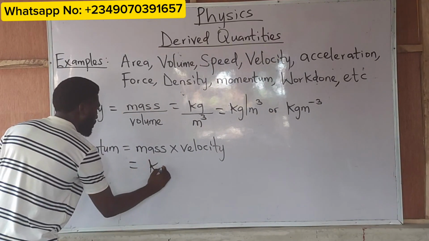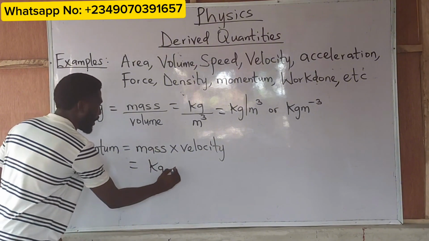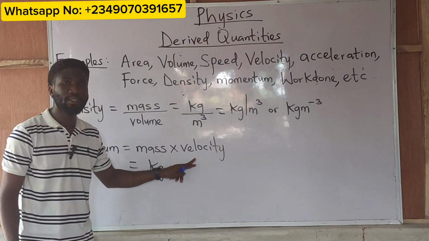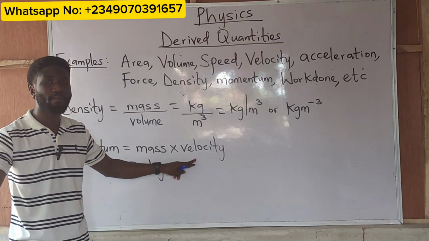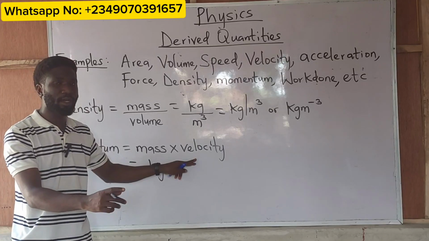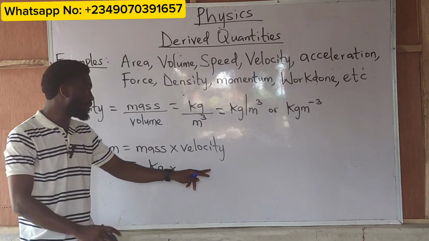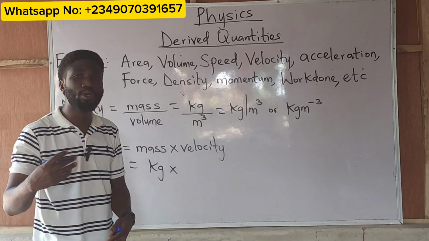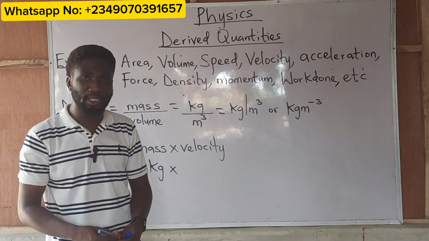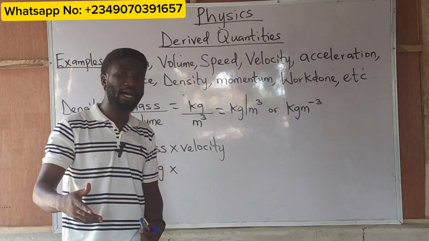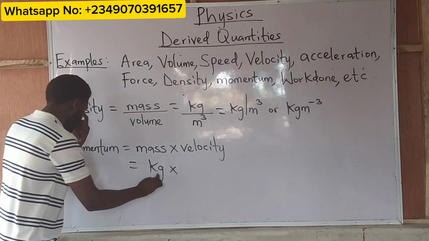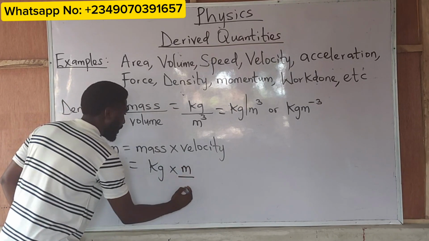Kilogram multiplied by velocity. Velocity is a derived quantity and has its formula, but I don't want to write it out because we've done it for velocity. Let's assume we've known the unit. The unit of velocity is meter per second.